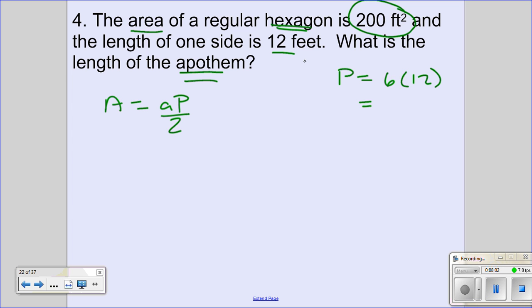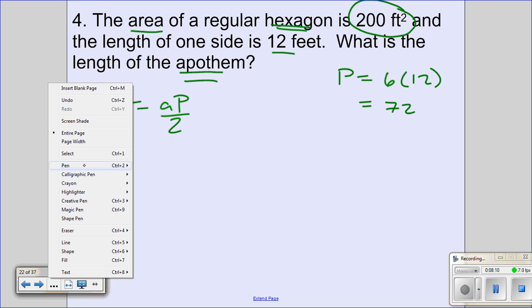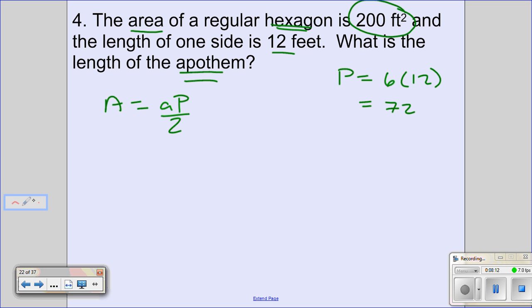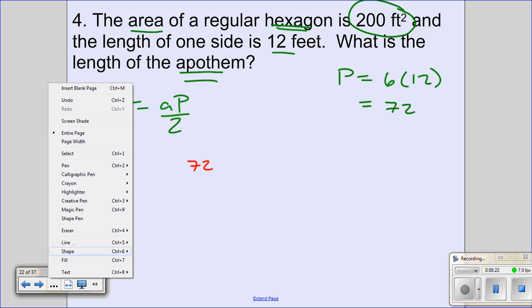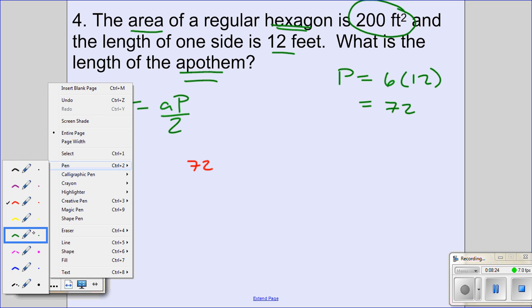So my perimeter is 6 times 12, which is 72. Now let's plug in everything where it belongs. The area I will replace with 200 and the perimeter with 72, but the apothem and the 2 will stay in place.